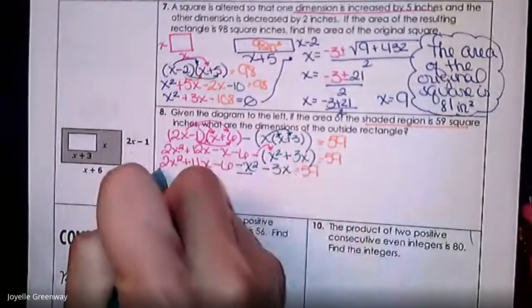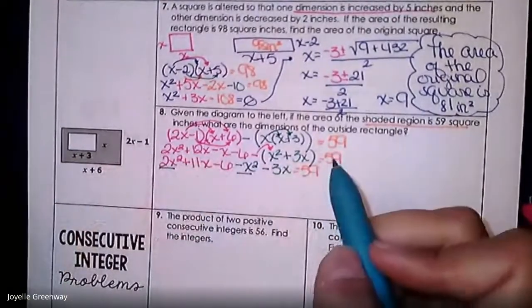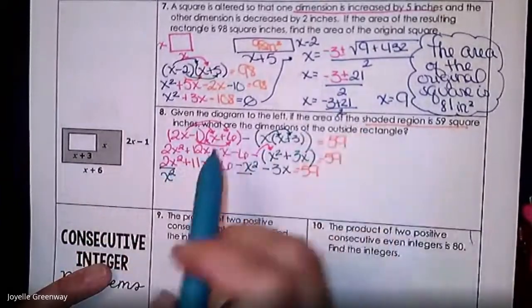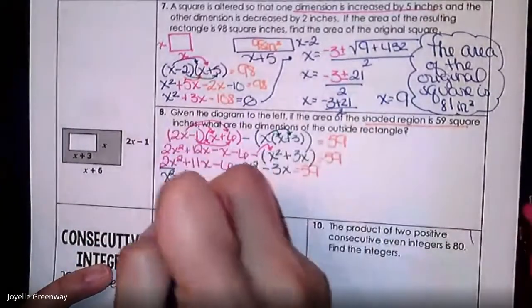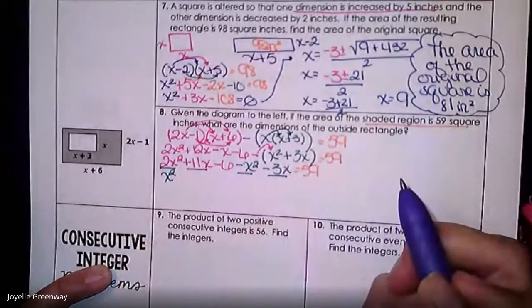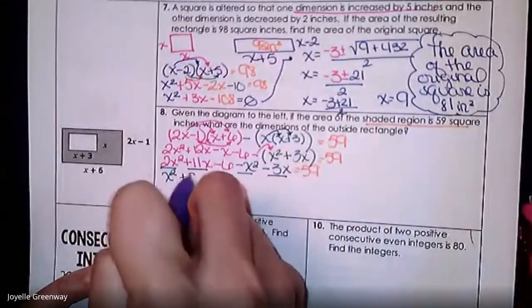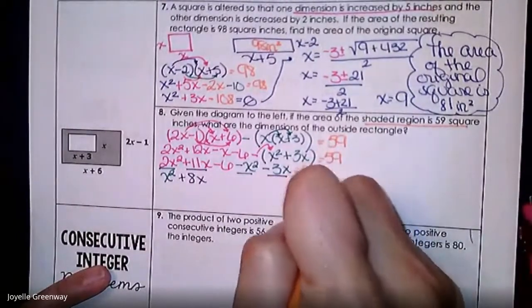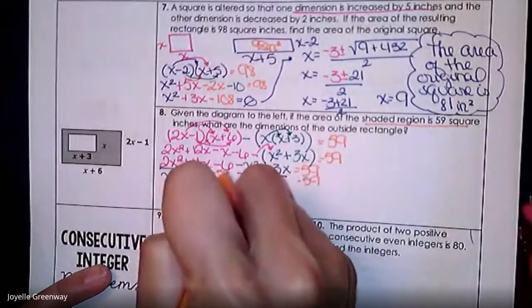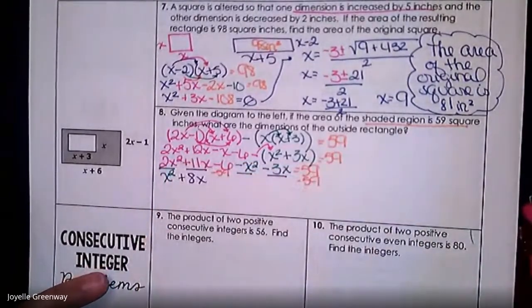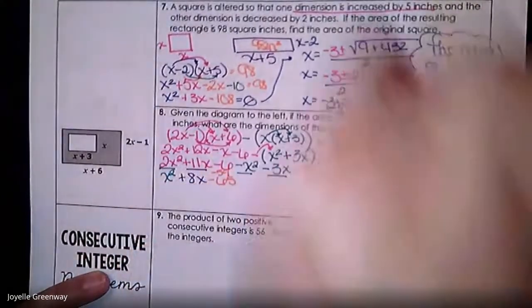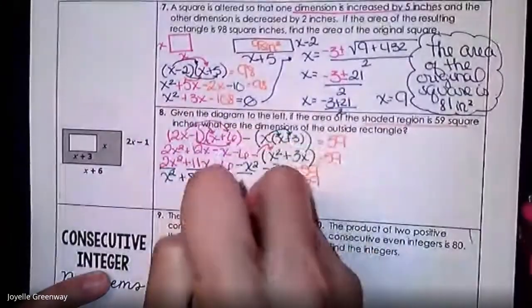So I have a negative x squared and a 2x squared. So 2x squared minus x squared is x squared. Then I have 11x minus 3x is 8x. And then I'm going to have to move that 59 over. So I would subtract 59 from negative 6, and I get negative 65. And now that equals 0.